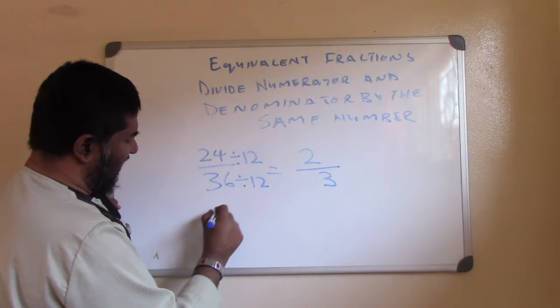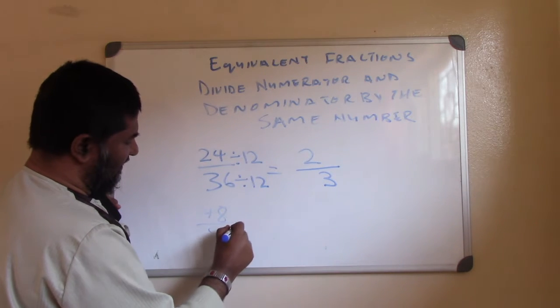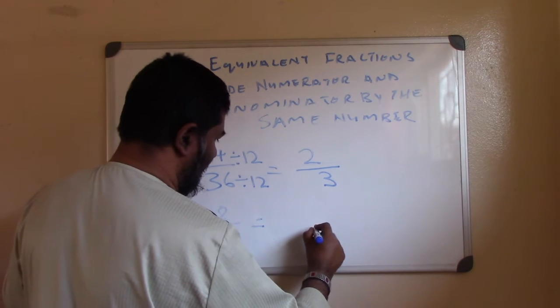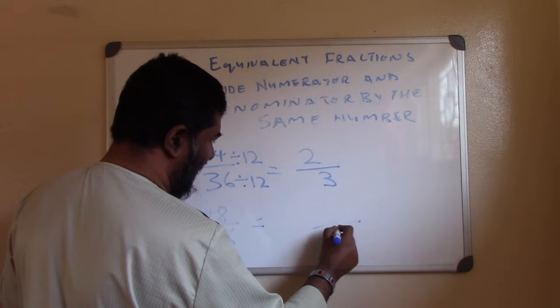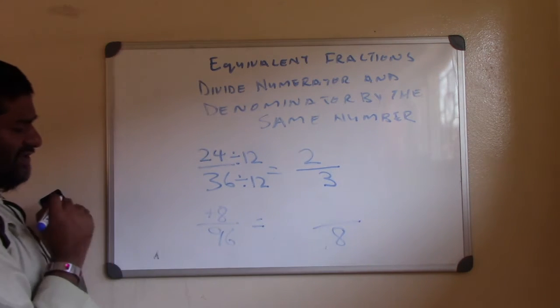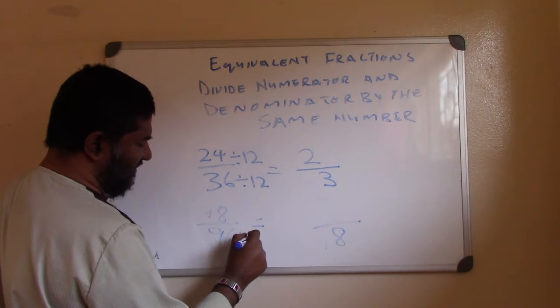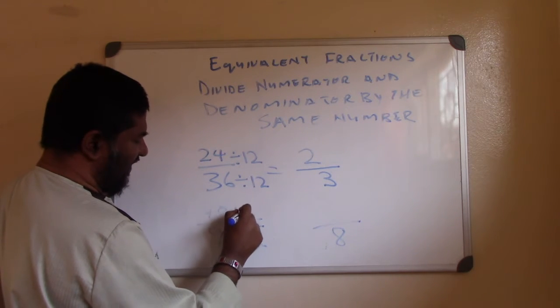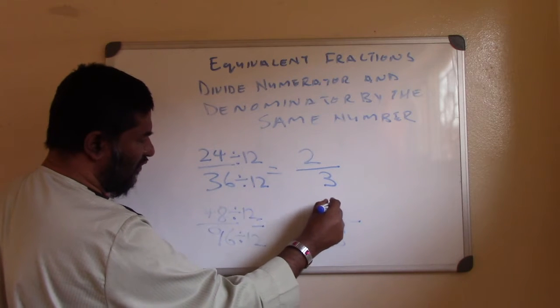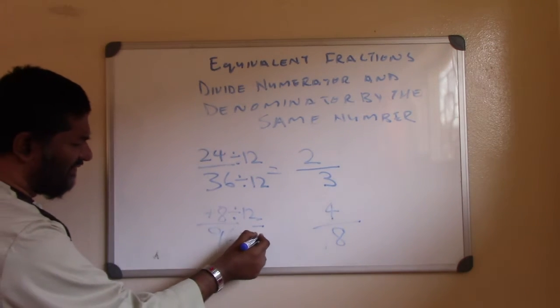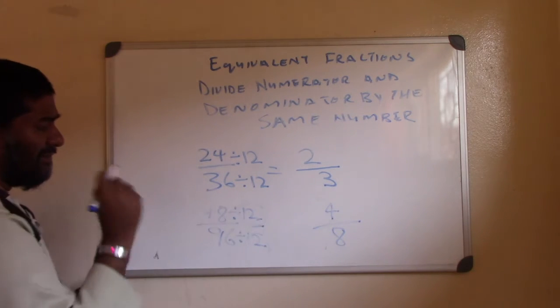Let's take 48 over 96. I want to write this as something over 8. So I would say 96 divided by 12 gives me 8. 48 divided by 12 will give me 4. Whatever you're dividing, you will always divide by the same number.